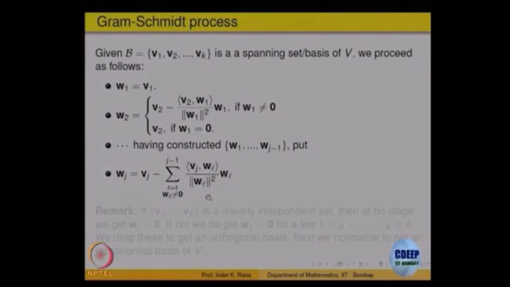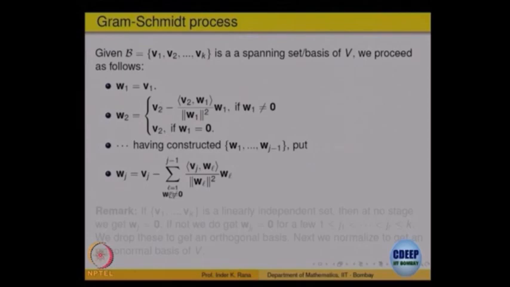Take Vj, take its projection on the linear combination of the earlier ones, that plane essentially, and remove it from Vj. So, this is the projection on the space generated by the earlier ones put together, remove that, and what you get should be perpendicular to the earlier ones, right.